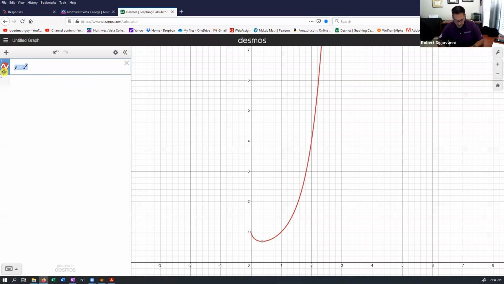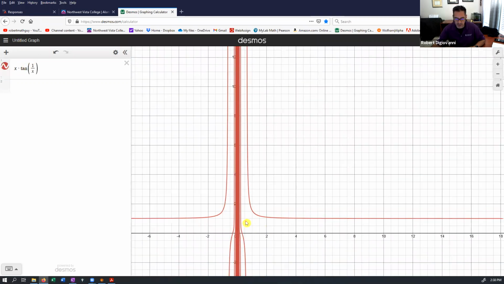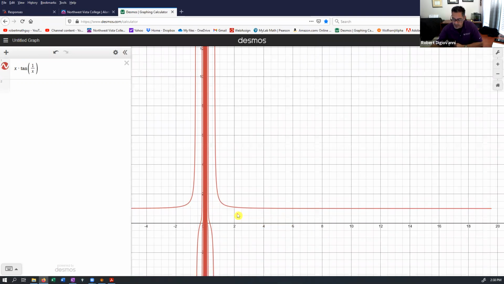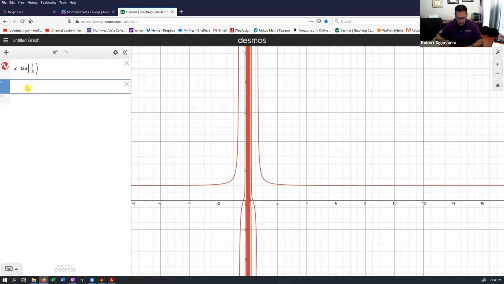So if we take the graph of x times tangent of 1 over x, ooh, that's crazy looking. There's the graph. What we're interested in this graph is what happens as we're going to infinity, because that's what the limit was. And you can see that as I move out to the right, well, let me graph y equals 1 here. So there's the horizontal line y equals 1.